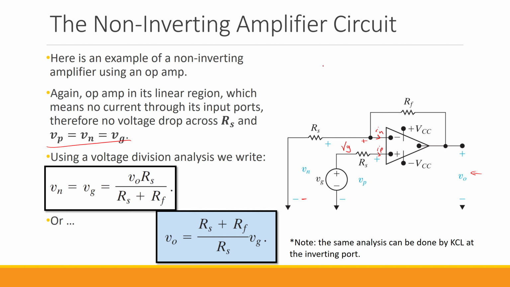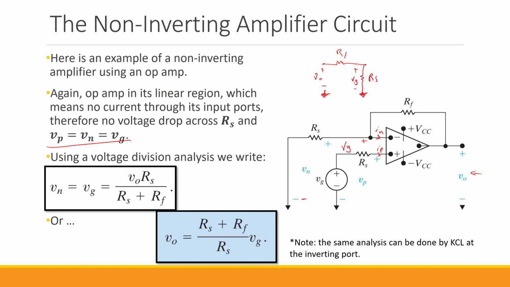So it looks something like this. We have Rf connected to Rs, which is connected to the ground, and this one is also the ground or reference node. So this is Vo, and this one is Vg.